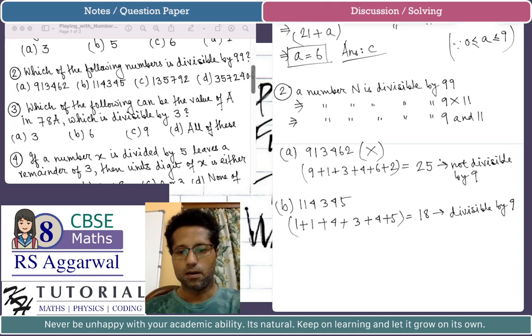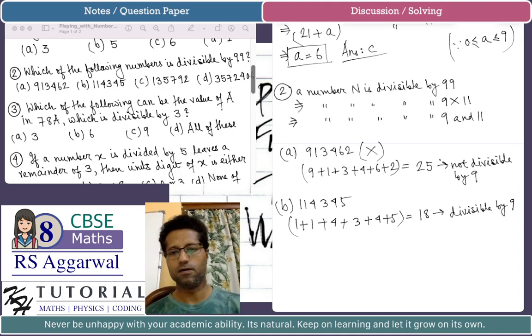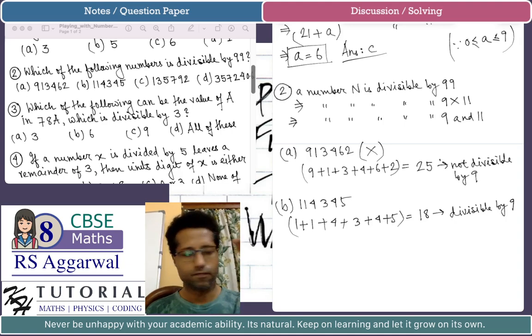To check the divisibility of a number by 11, we have to find the difference of the sum of the digits at the odd places and the sum of the digits at the even places, and that difference has to be either 0 or divisible by 11. Let's mark the digits at the odd places by a double line, and the digits at even places by a single line.